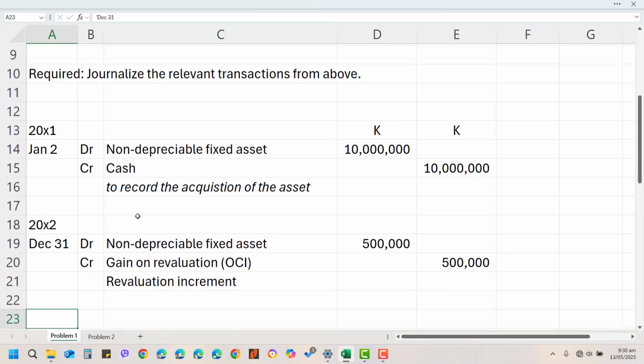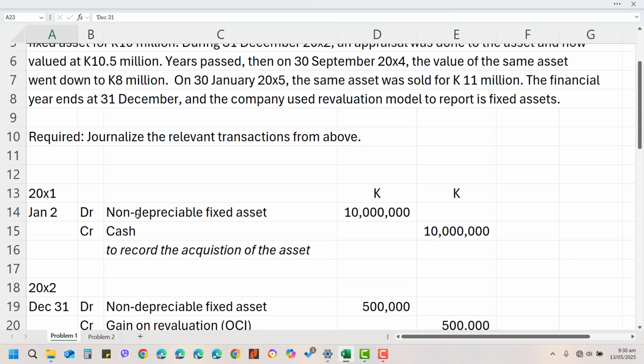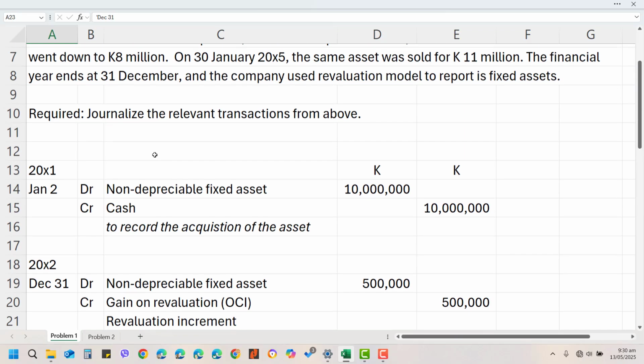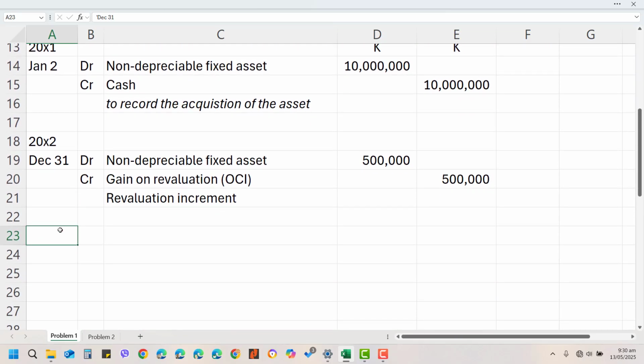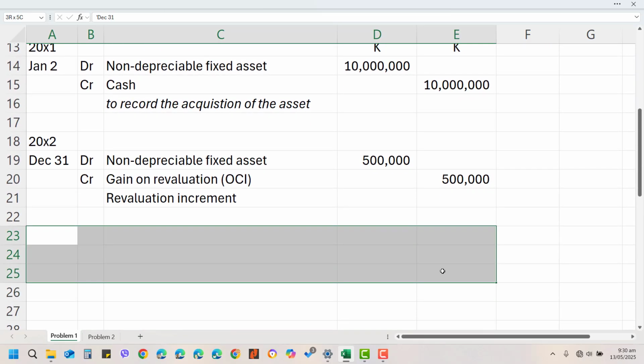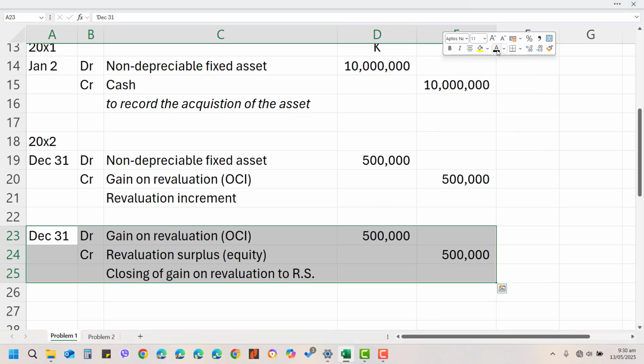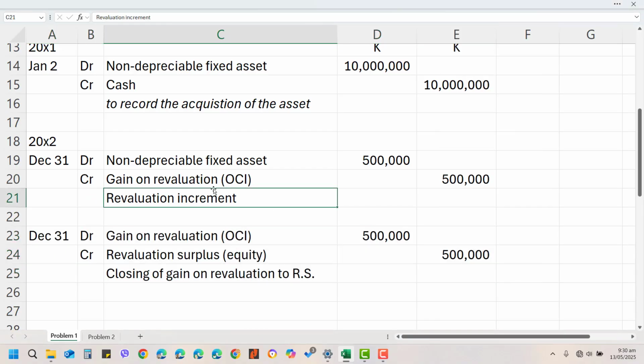Our assumption here is that the financial year ends on 31st December. So on 31st December, you need to close that. The gain on revaluation, which is under OCI, you close to revaluation surplus, 500,000 kina.